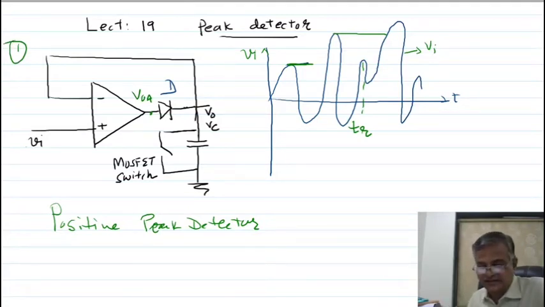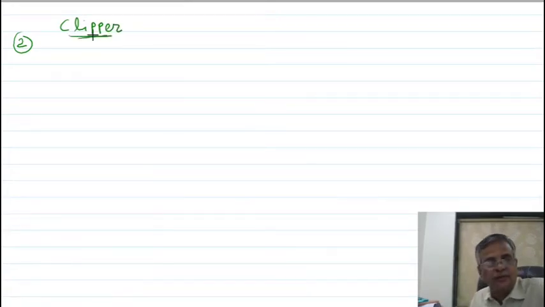Now let us see another circuit. Your second circuit is known as a clipper circuit using the op-amp. I am showing you the positive clipper for a reference level.